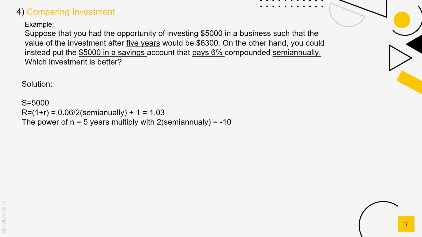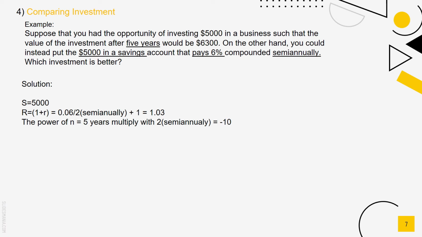First, we find the hint from the question that S is 5000, representing the compound amount. To find the rate, the rate is 6%.